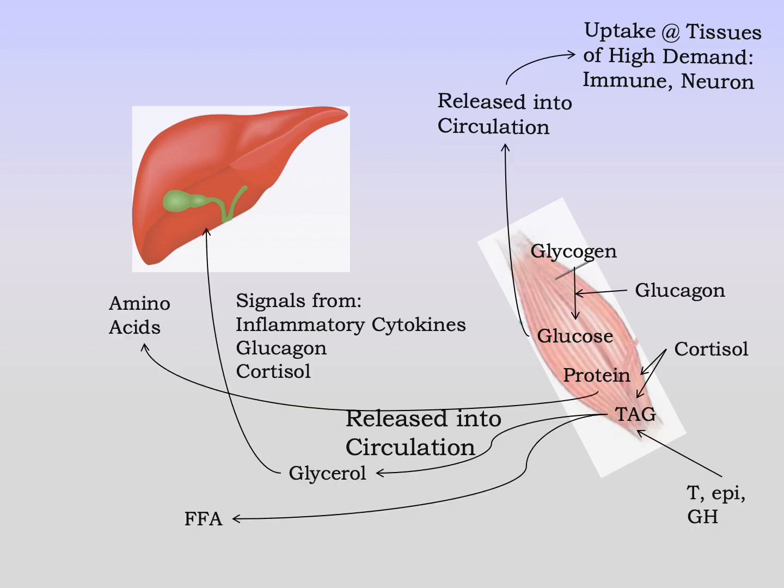Additionally, we'll get testosterone, epinephrine, and small molecular weight growth hormones, which will all stimulate the breakdown of lipid droplets, in which the glycerol molecules that get formed will get released into circulation and head to the liver. The fatty acids will undergo a movement into the mitochondria where they will undergo beta oxidation to allow for the formation of acetyl-CoAs, to allow for aerobic metabolism to take place.